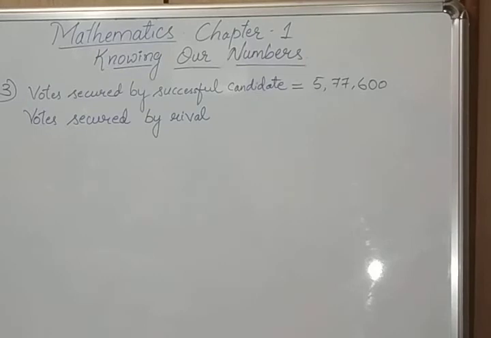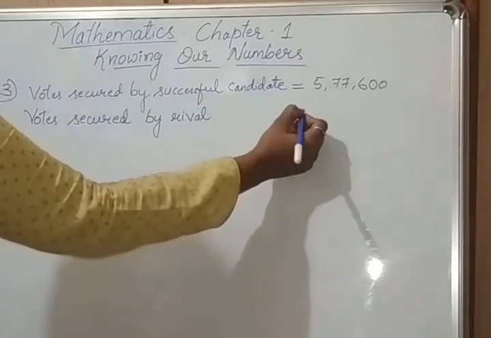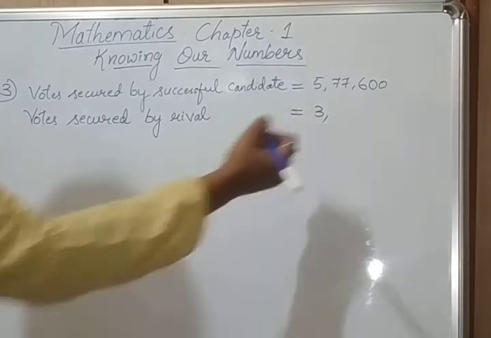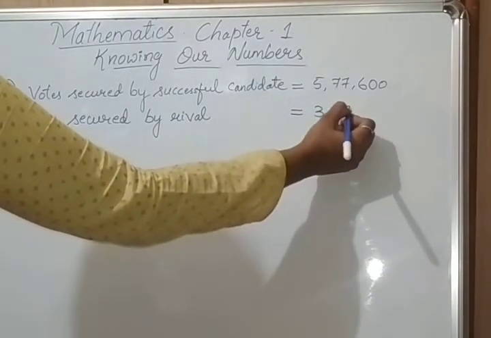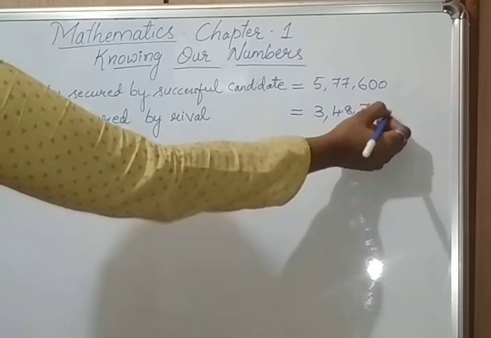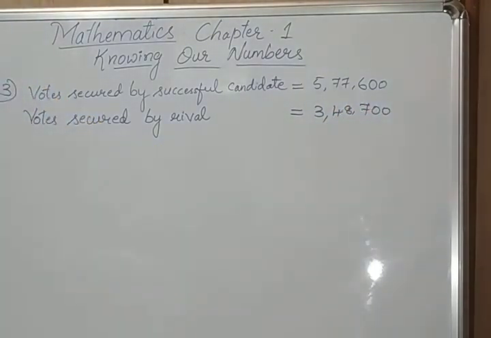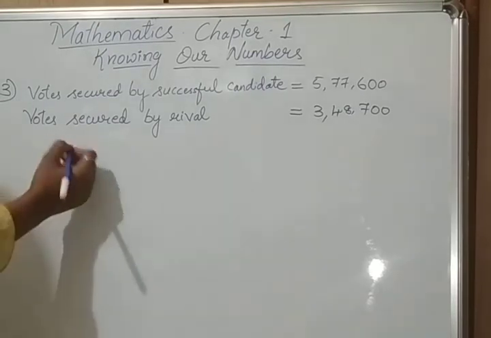Rival, how many? 3,48,700. So here we have to see what we have to find out. We have to find out the margin by which the successful candidate won the election. What is the margin?